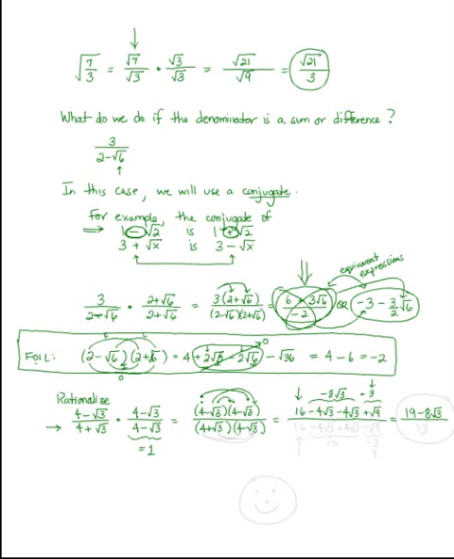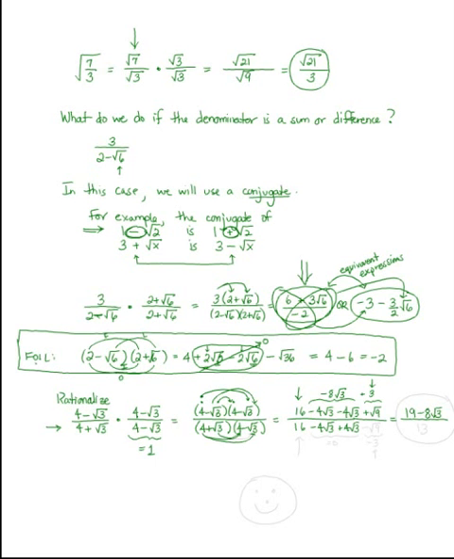Now, let's FOIL the denominator. We'll do 4 times 4, which is 16. 4 times negative square root of 3, negative 4 square roots of 3. Positive square root of 3 times 4, plus 4 square root of 3.